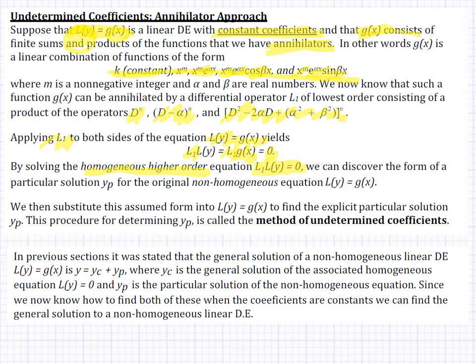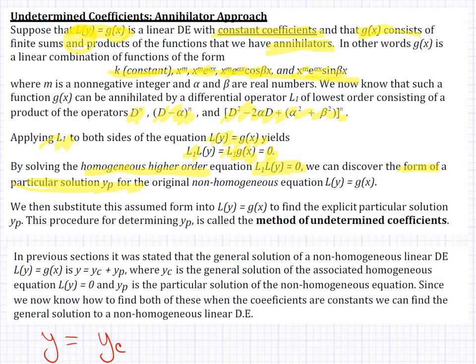So we're going to use that to help us find the form of our particular solution y sub p. Because remember, what we learned in the beginning of this unit was that when we solve the homogeneous solution, we get our general solution, and we're going to call that y sub c. But when we solve the non-homogeneous, there are two parts to the answer.